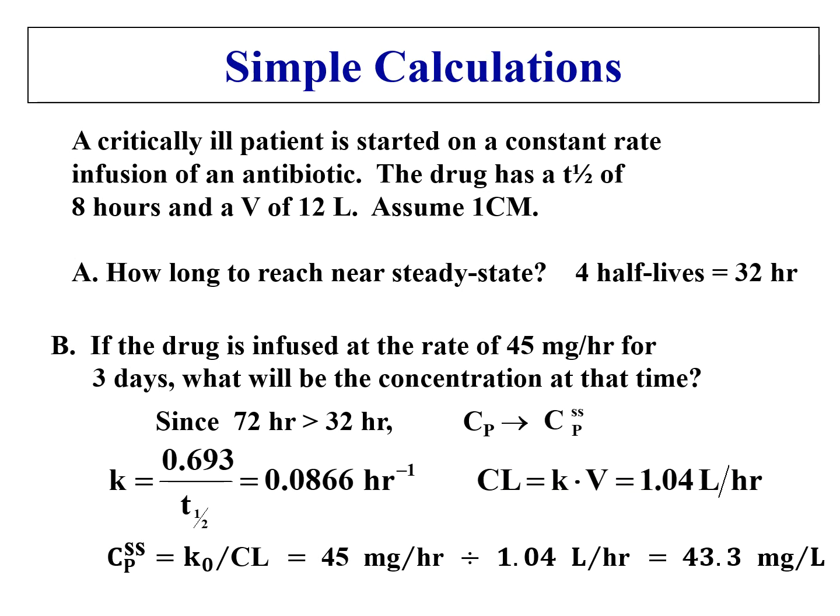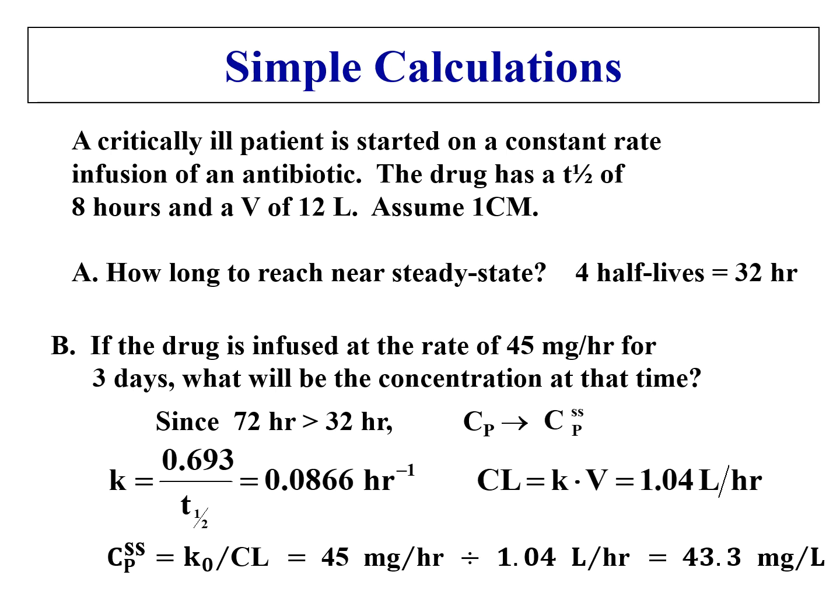Here's the kind of simple calculation that a clinical pharmacist might do. They're giving an antibiotic, half-life of 8 hours. Volume is often some proportion of body weight. And if we use a one compartment model, we'll know that if we start infusing this drug, it's going to reach steady state in roughly 32 or more hours.